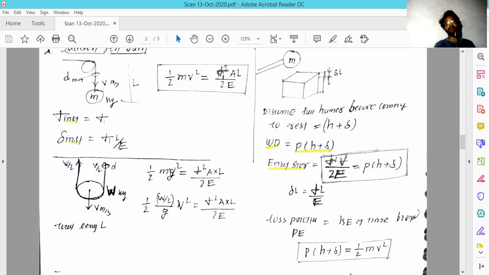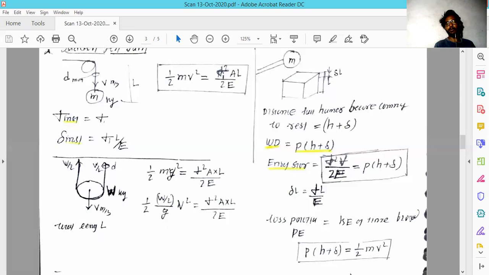The hammer has a mass m, and once it is released from that height, it reaches the surface of the iron and continues to move through the deformation. So the total displacement of the hammer is h, the height from the mass to the surface of the iron block, plus the total deformation of the iron block, which is delta.